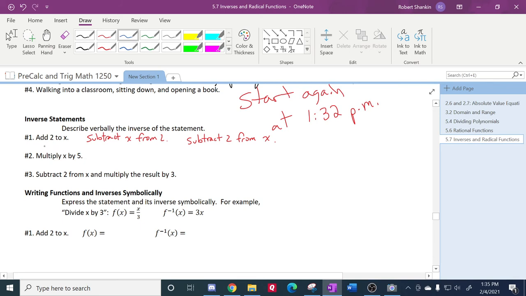What's happening is you're doing something to the x. All right. So when we're going to subtract, the thing that we're going to affect is that's going to go to this right here.